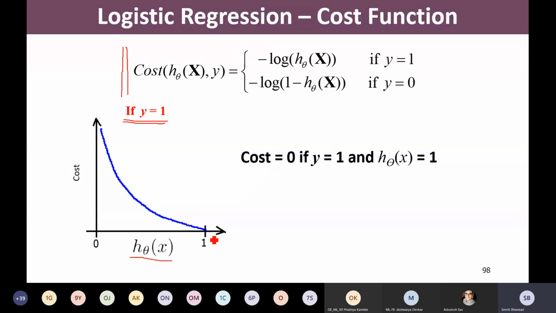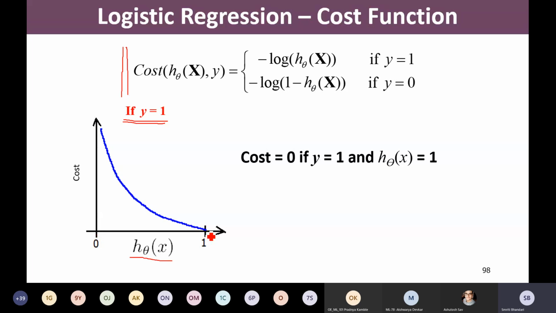Okay, so if the sample belongs to class y equal to 1, the cost function will look like this. So how to interpret this function? If y equal to 1, okay, and if this h theta x is also 1, right? If y equal to 1, what is y? Y is the actual label, actual class. Okay, so if my actual class y is equal to 1, and if my h theta x is also producing the value 1, this means that I am having cost equal to 0.